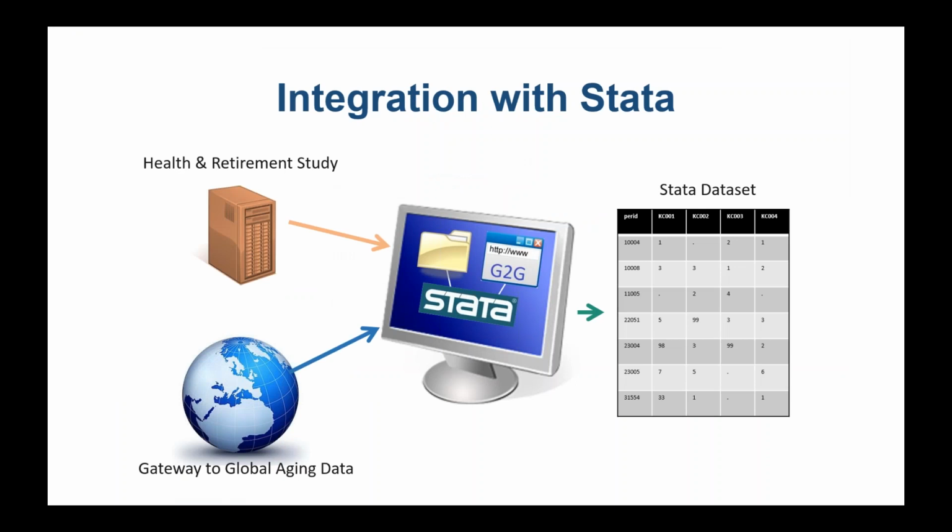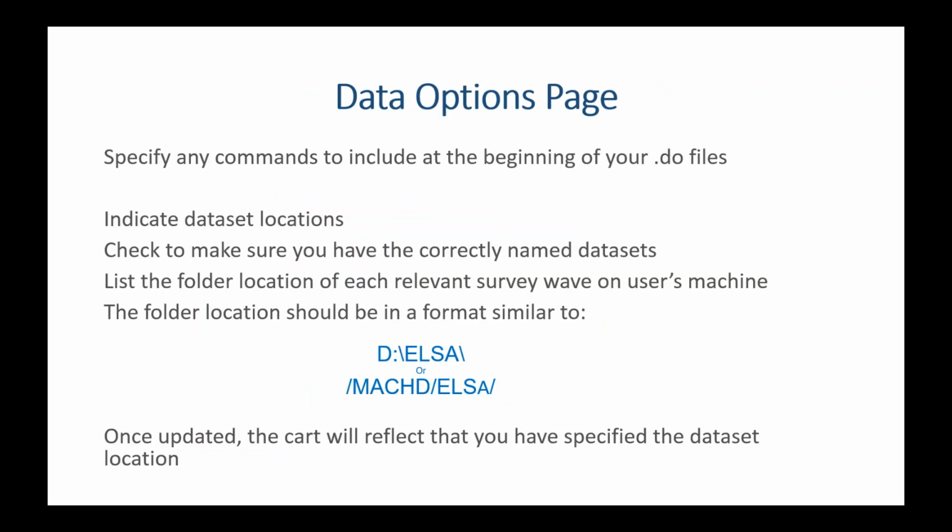And because we record the names of those variables as stored in the HRS data sets that you would download, we could then produce a Stata program for you. A Stata program is often called a do file because Stata programs end in .do. It produces a data set which only has those variables which are specific to your interest. And you do this through the data options page.